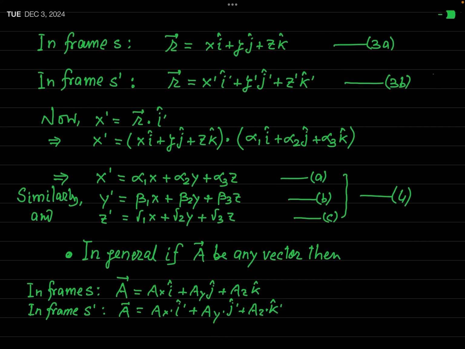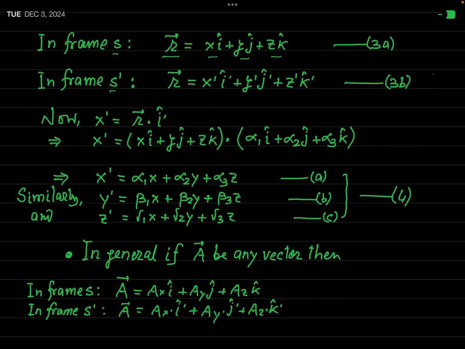You can see R, this is the position vector of point P with respect to the origin O, which is a common origin, that is the origin of both frames S and S prime. So if you express this vector R in terms of its components in frame S, then R will be expressed as x i plus y j plus z k.